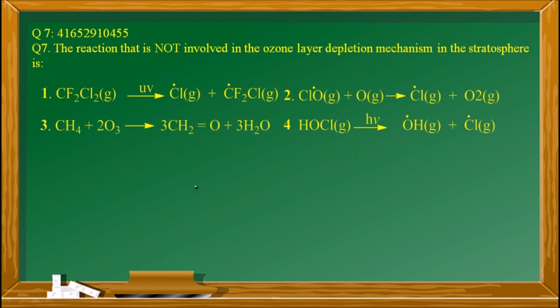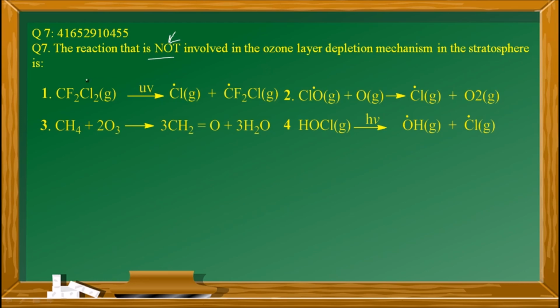Next, question number 7. The reaction that is not involved in the ozone layer depletion mechanism in the stratosphere is... Dear friends, be careful. This kind of question is very typical. When you do not concentrate on the 'not' in the question, the reaction that is involved in ozone layer depletion in the stratosphere is, straight away, what do you select? Chlorofluorocarbon-containing compounds cause ozone layer depletion.